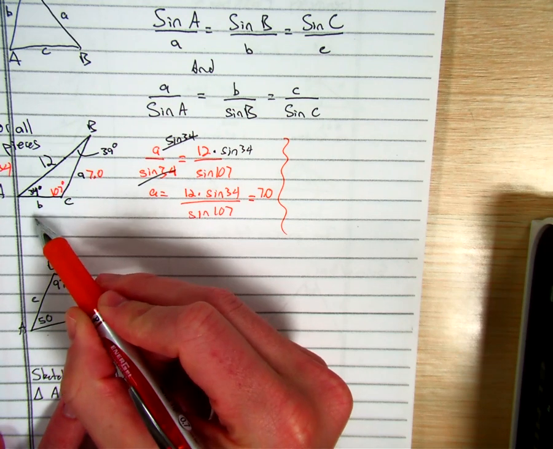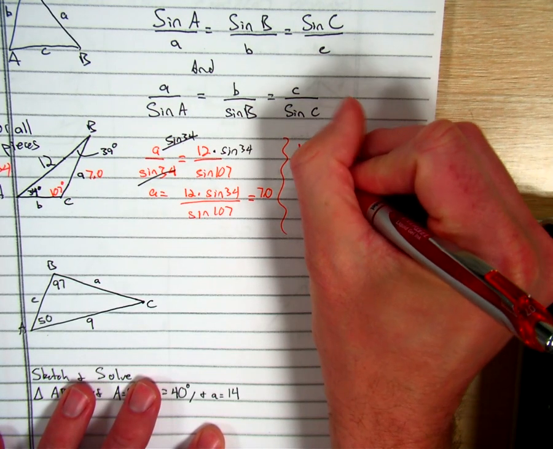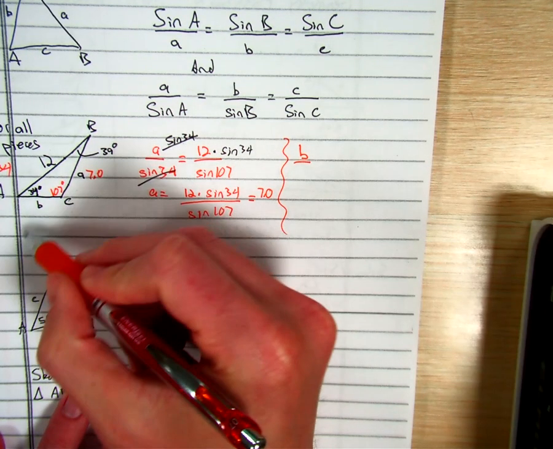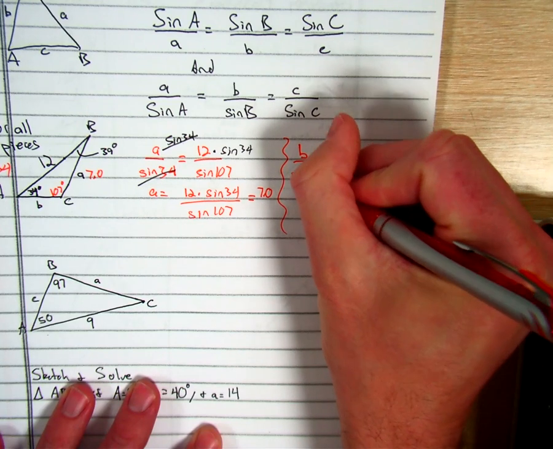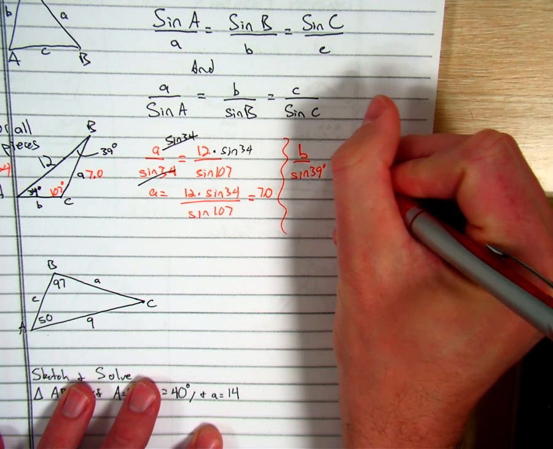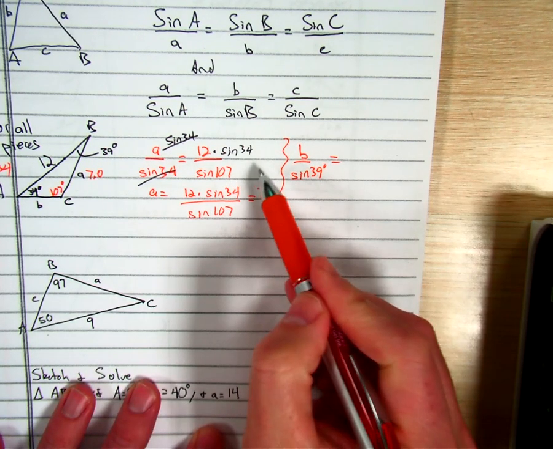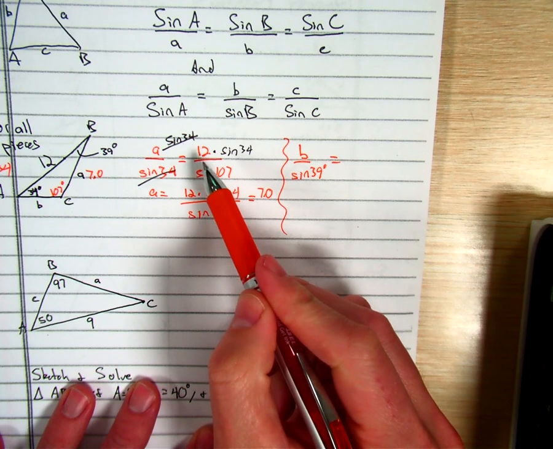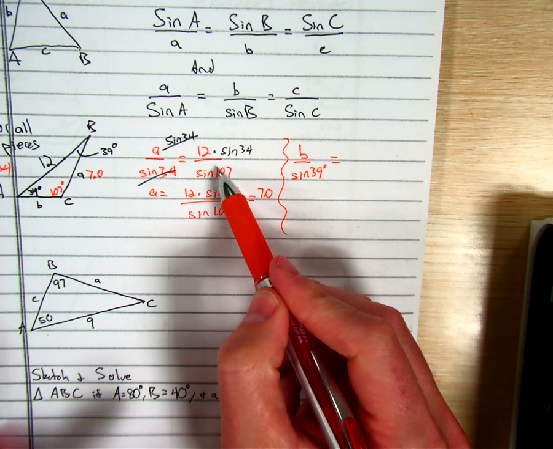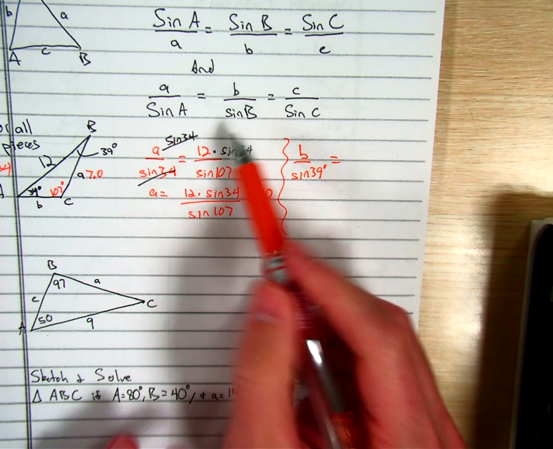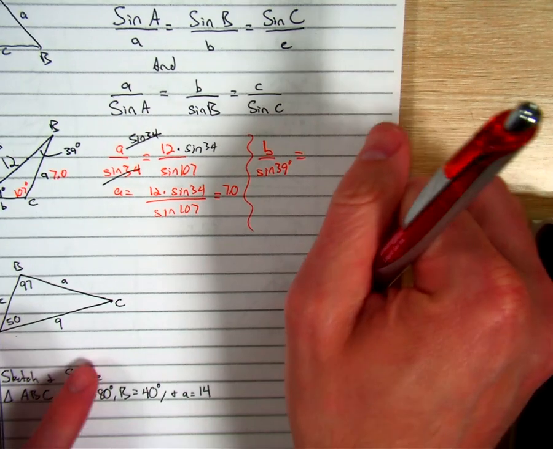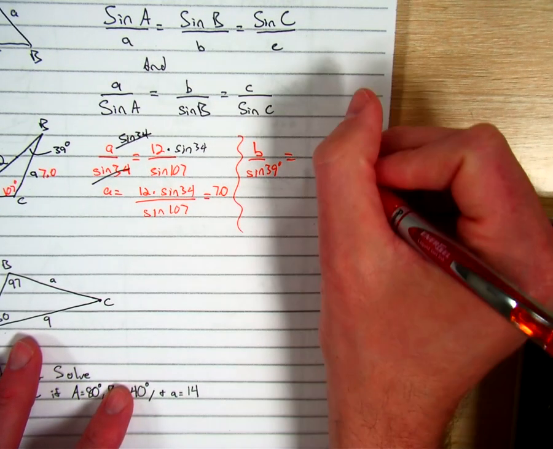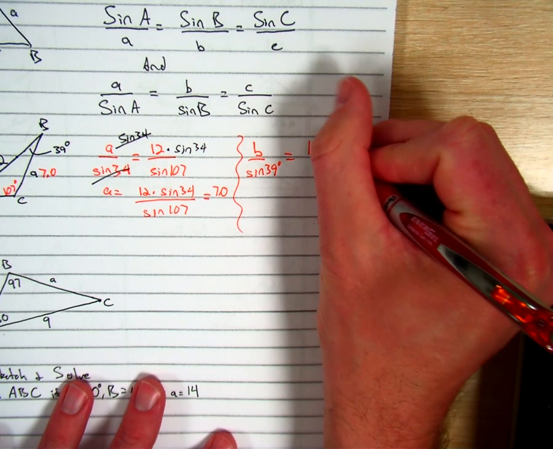Now we still need side B. Side B is across from 39 degrees. And again, I'm going to come back and use this 12 over sine of 107 because it's nice numbers that weren't rounded. It was part of the original problem. You could use the 7.0 or just 7 there, but that was kind of rounded.